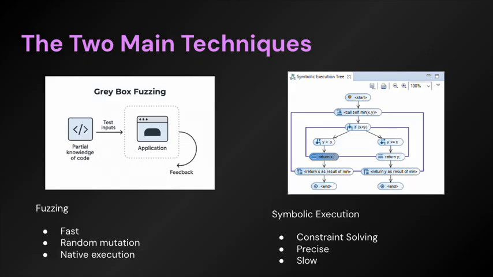It suffers from something called the path explosion problem. That means the number of possible execution paths grows exponentially, making analysis extremely slow. So now we have two tools, one that is fast but not precise, and one that is precise but slow. And that leads to the core idea of Driller. But first, let's look a little more closely at their limitations.